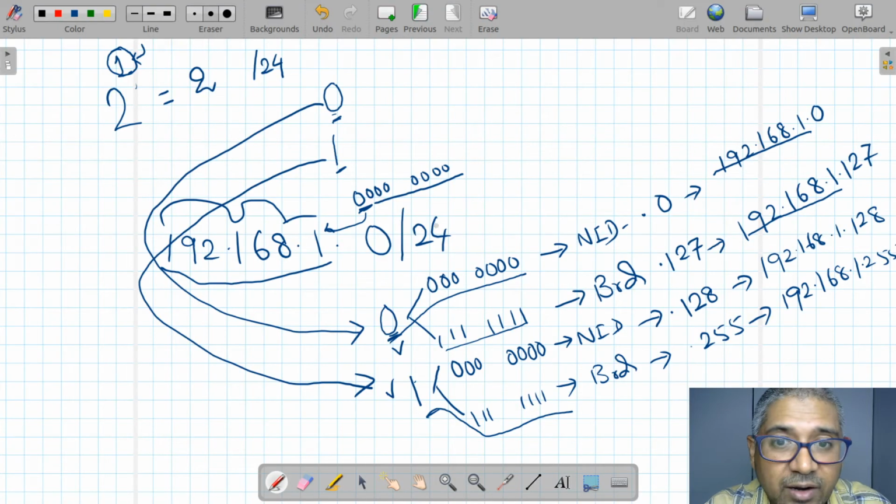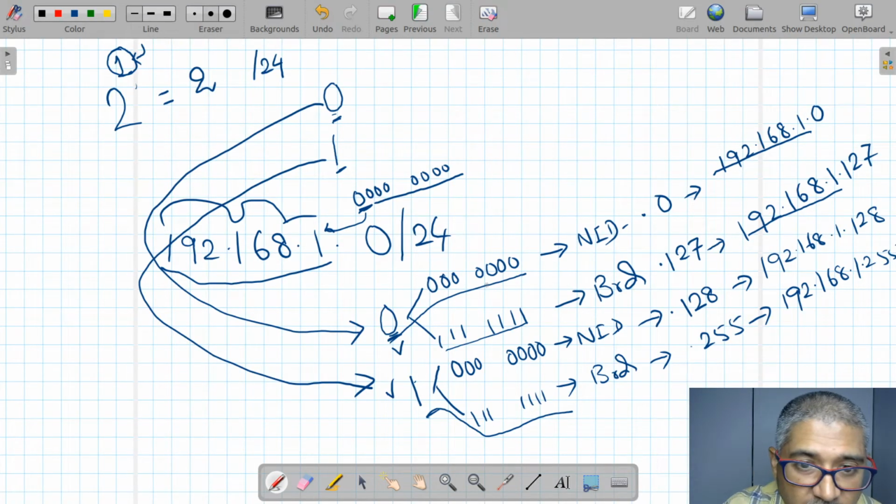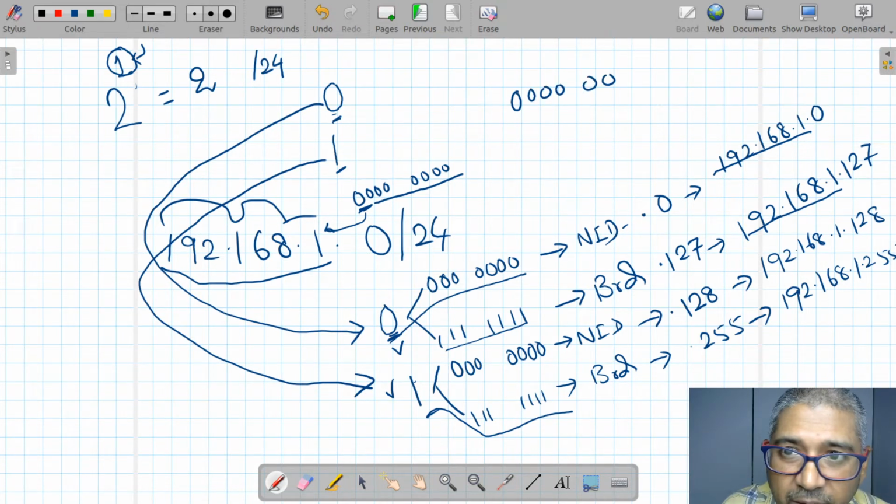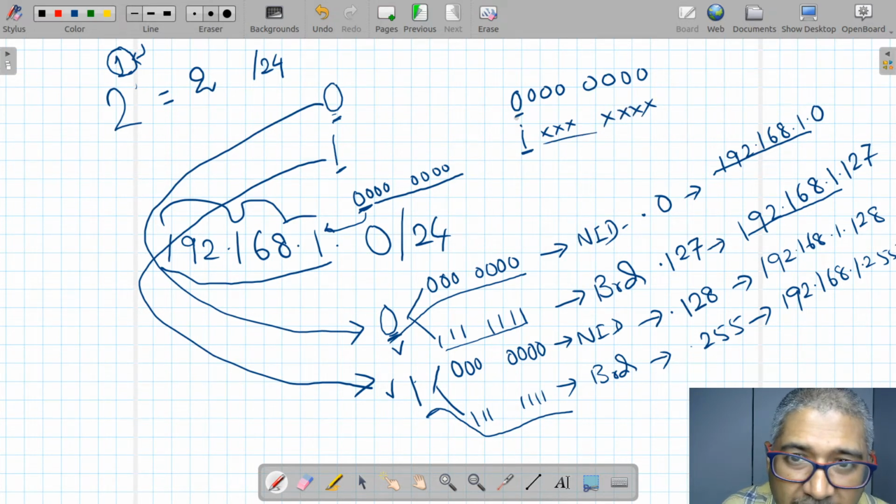By this method: this value is first 8 bits. How do you remember the number? No need to remember, because this bit is going to be 0 the first time and 1 the second time. For the remaining 7 bits, I don't care what the value is. I care only about the first bit. If the first bit becomes 0, what will be the value? 0.